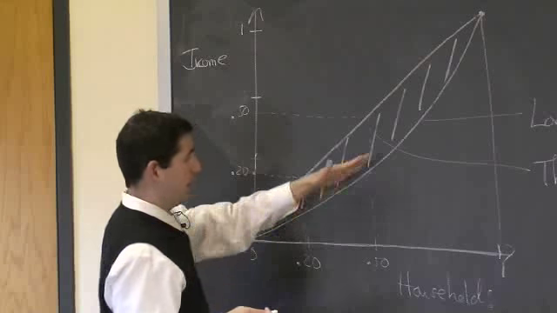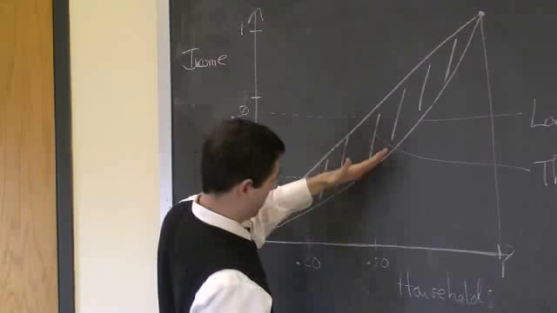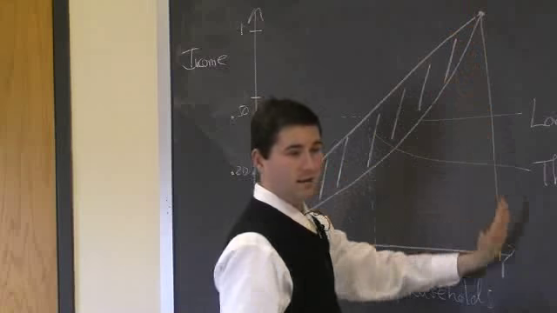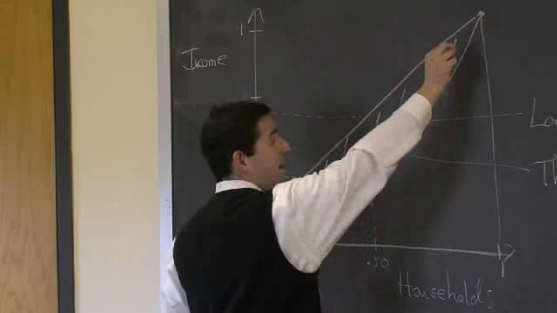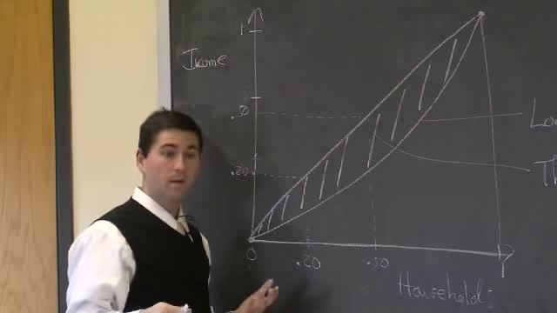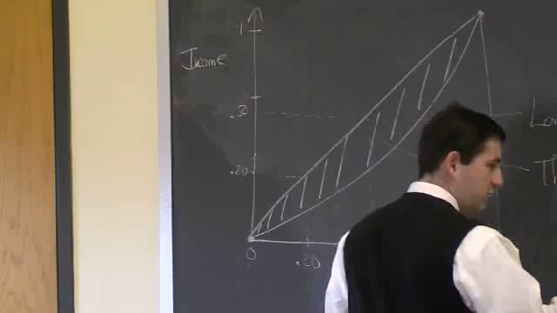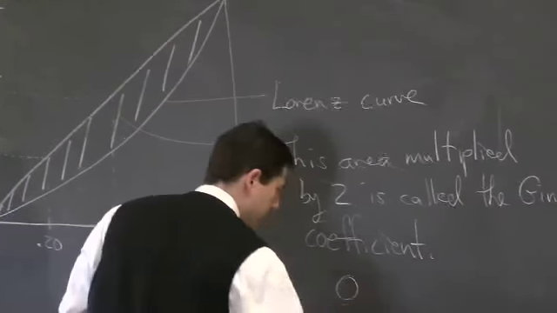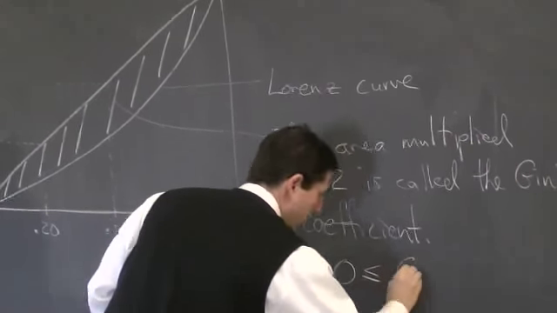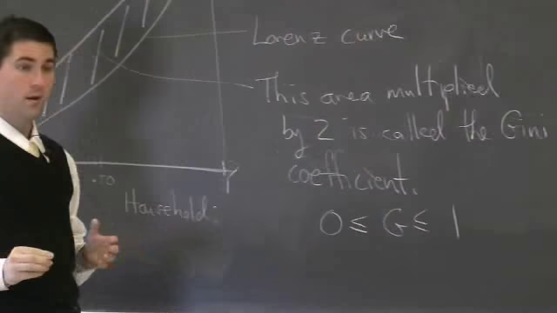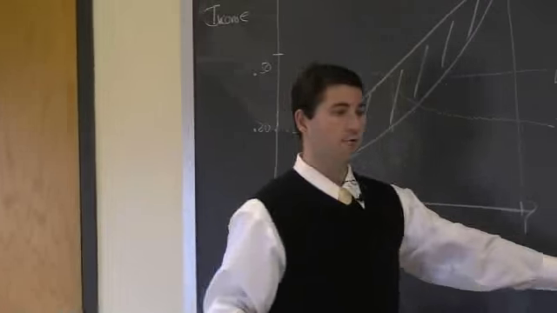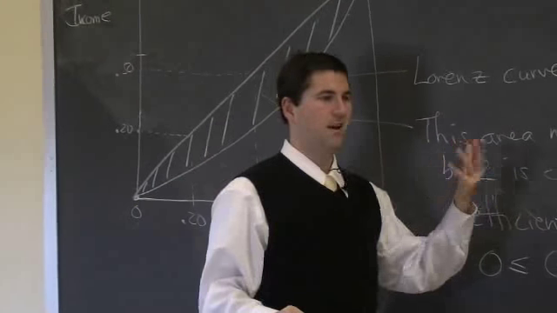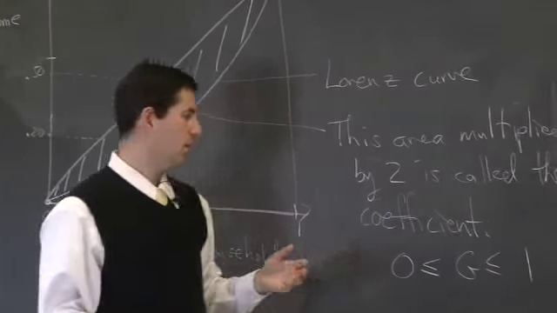On the other hand, you could have the Bill Gates scenario, in which case you'd have the full 1/2 times 2, which would be 1. So if I call the Gini coefficient G, then we know that G is somewhere between 0 and 1. But when you read statistics, they usually multiply by 100 to take you into the percentage situation.